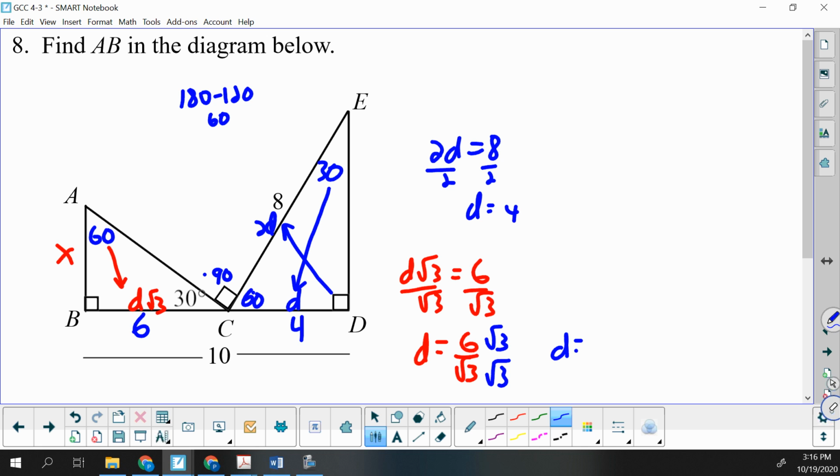That's going to give us that D is 6 square root of 3, and a square root of 3 times a square root of 3 just gives us a 3. Divide the 6 out front with the 3 in the denominator, and that gives us 2 square root of 3. So D is just 2 square root of 3. And D should be across from the 30. So therefore AB, or our X that we called it, is just 2 square root of 3.